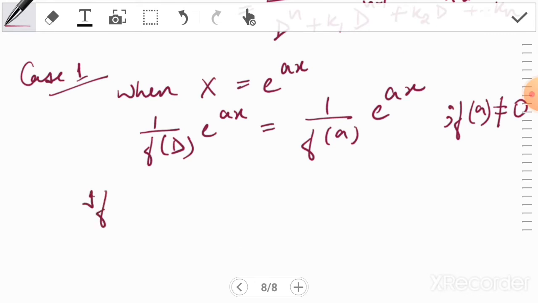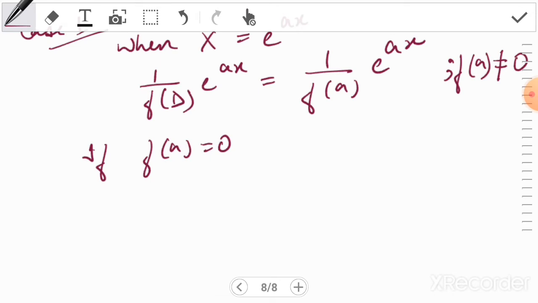If f(a) is equal to 0, then this will fail.